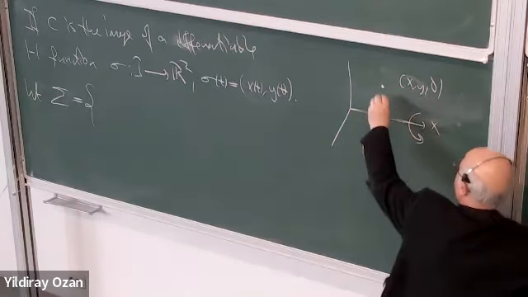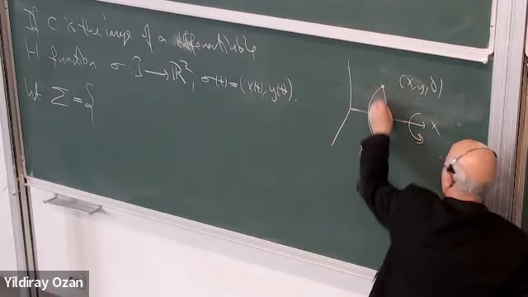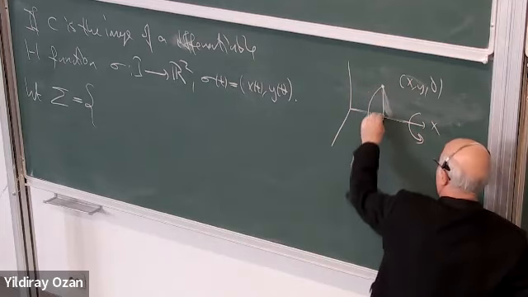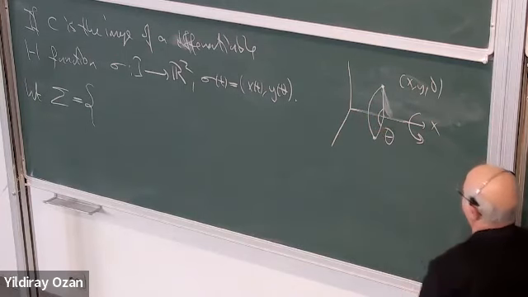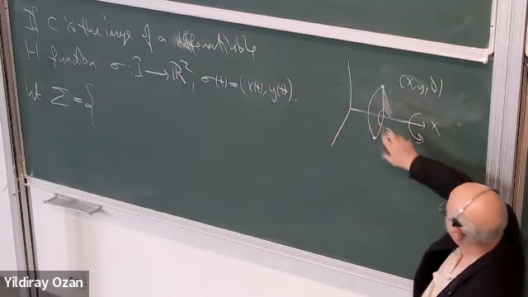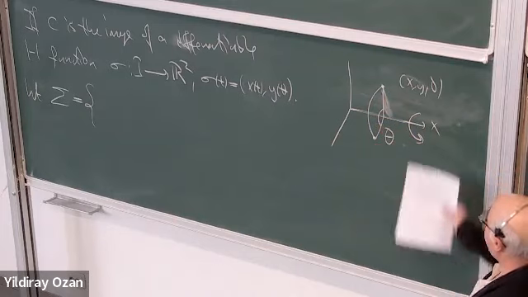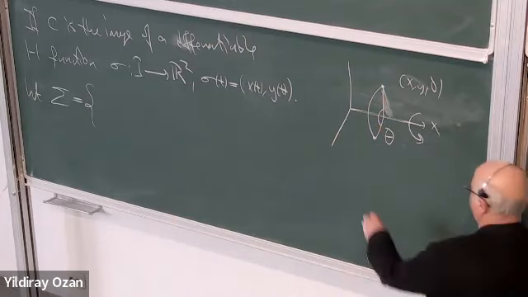If I rotate this a little bit, let's say by theta, I take this and rotate theta radians. What will be the coordinates? The x coordinate won't change, right?